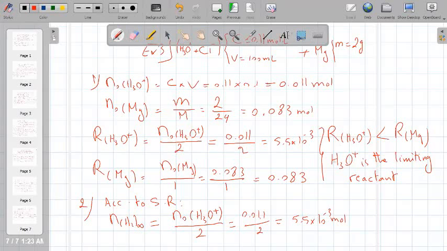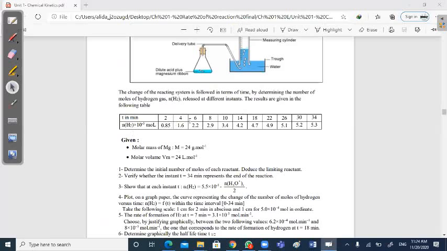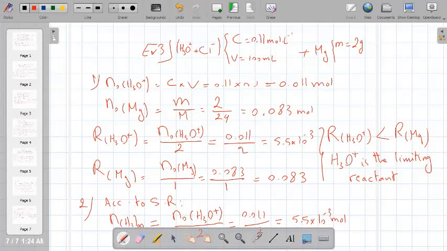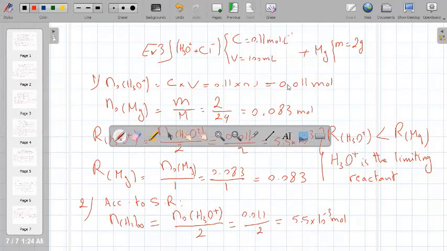The number of moles of H2 at T equals 34 minutes is 5.3. Then 5.3 is less than the maximum number 5.5 times 3. Then T equals 34 does not represent the end of the reaction.